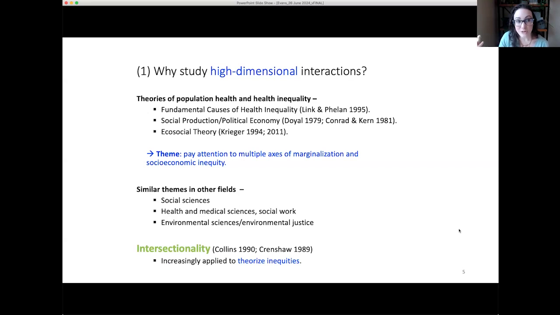And then it's no surprise that for some number of years now, people have started importing intersectionality as a theoretical framework into these conversations because it asks us to think about theorizing inequities together. So it's not enough to just think about multiple axes of marginalization and socioeconomic inequality. You need to think about how they create intersections, how they form interlocking systems of oppression.